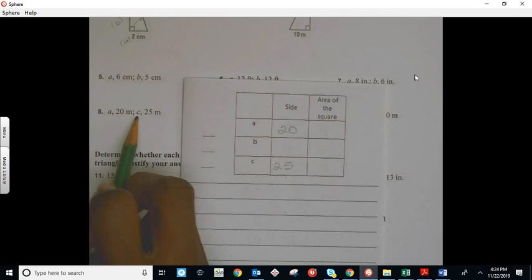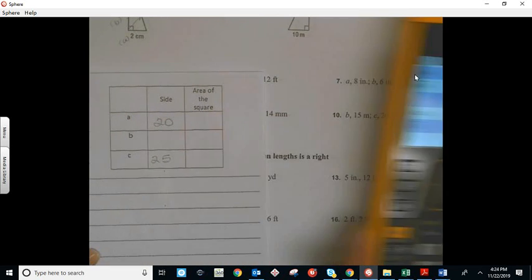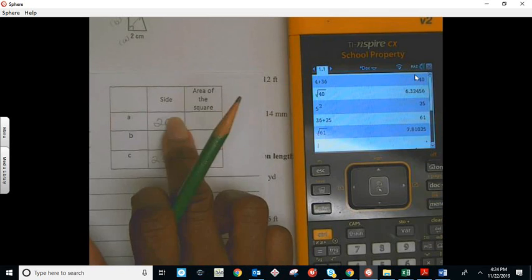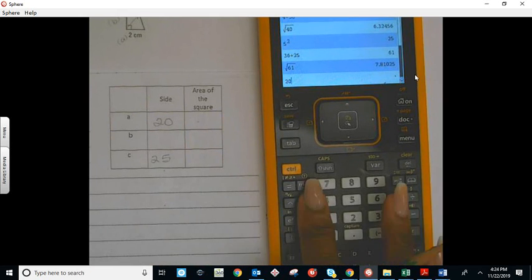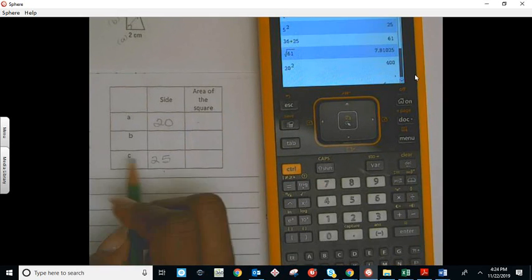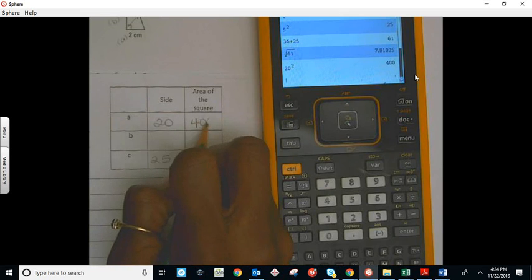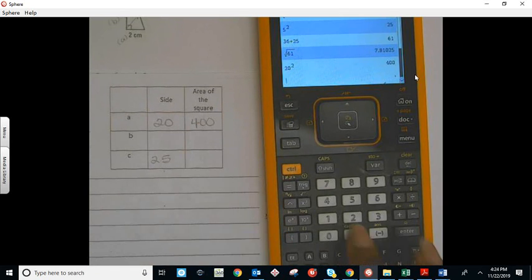All right, I'm going to scoot this back over so we can get this calculator up here. I need to do 20 squared because I want to fill in all of my boxes. So I'm going to do 20 squared, which is 400. And then I'm going to do 25 squared, which is 625.